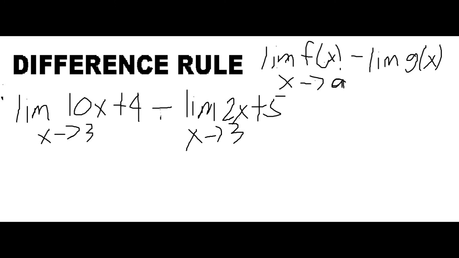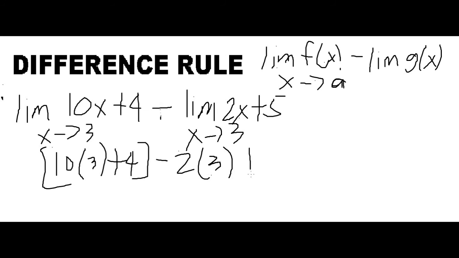So, let's say we have limit of 10x plus 4 minus the limit of 2x plus 5 as x approaches to 3. So, ang mangyayari is substitution ulit ng value of x. So, we have 3. So, ito yung mangyayari dyan, guys. So, we have 10 times 3 plus 4 minus 2 times 3 plus 5.